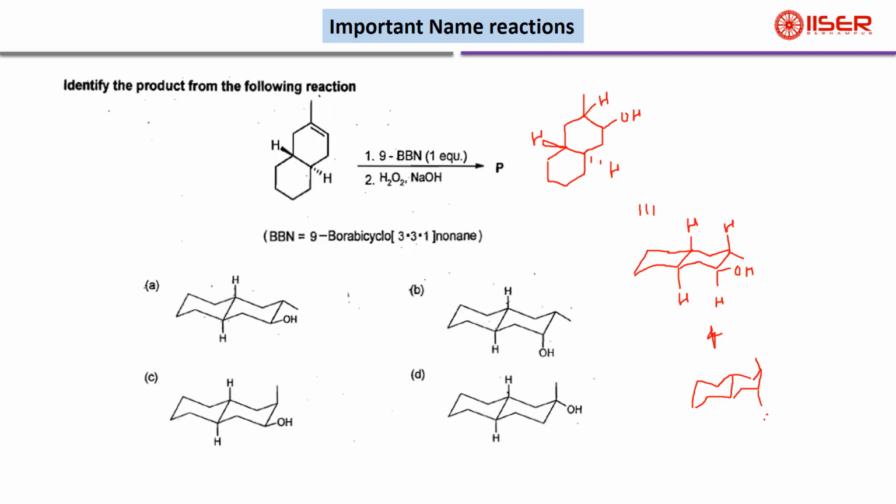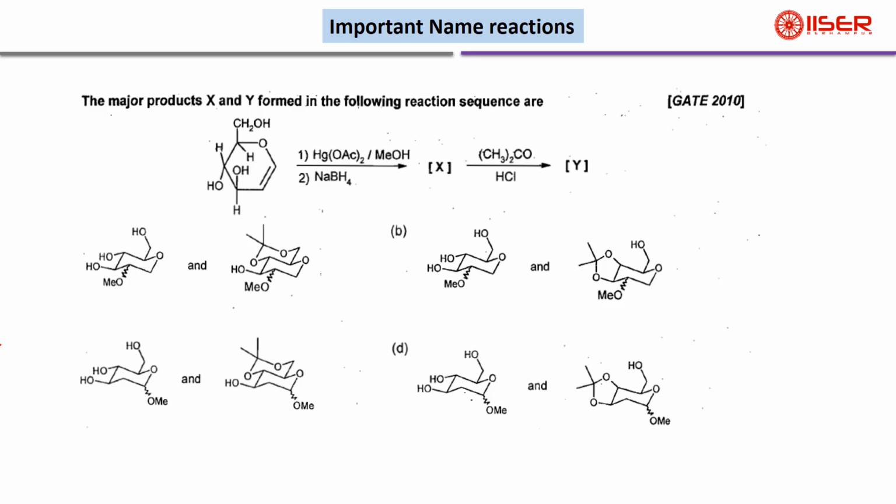Another probability is this one. So you have to find which type of product we have. So H and OH both are above the plane. So the correct option is option A.